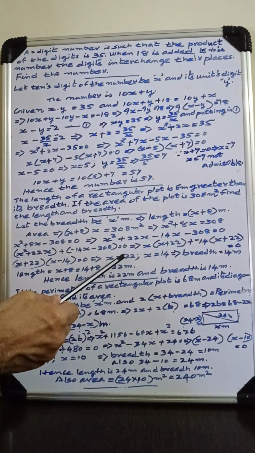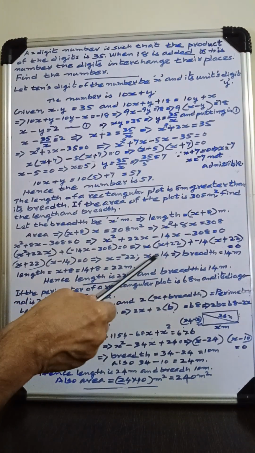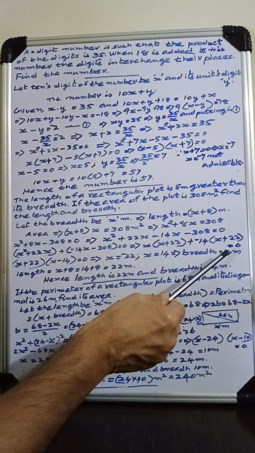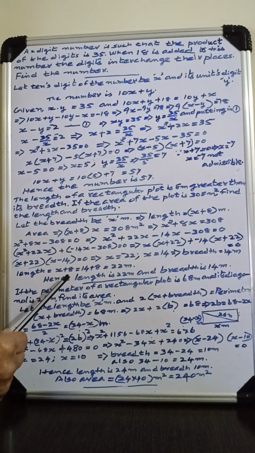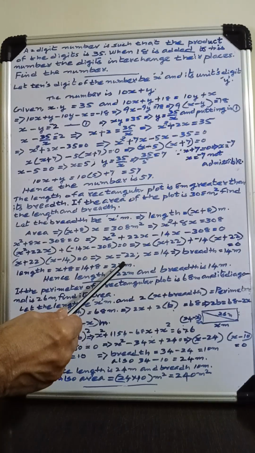Implies x equals minus 22 and x equals 14. Breadth equals 14 meter. Length equals x plus 8, that is 14 plus 8 equals 22 meter.